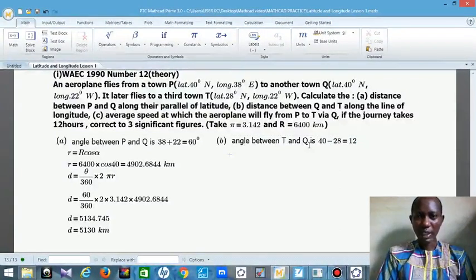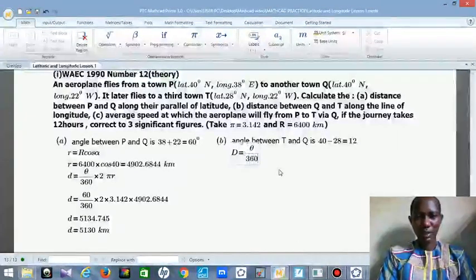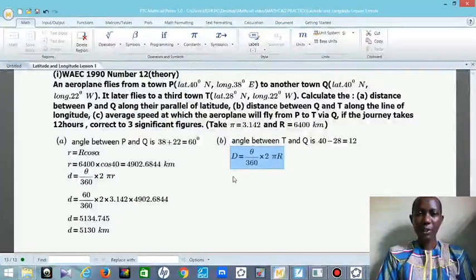Then without wasting time, now that we know the angle, let's take capital D as the distance. Distance is equal to theta all over 360 times 2 pi R. This time around it is capital R we are using because they are standing on longitude.